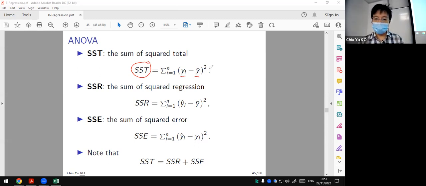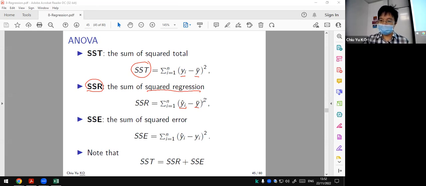And the next one we call SSR. SSR is the sum of squares regression. So this is the line minus the mean. I think it's easy actually.